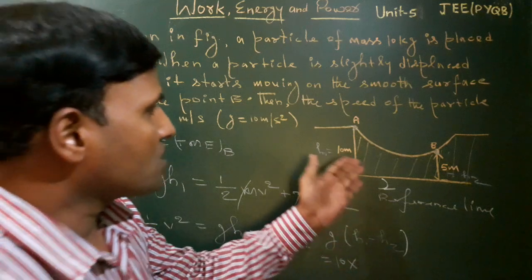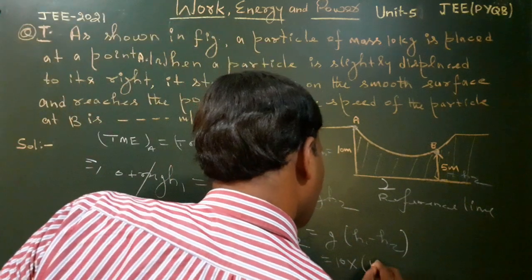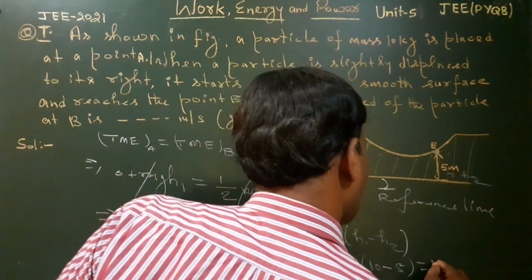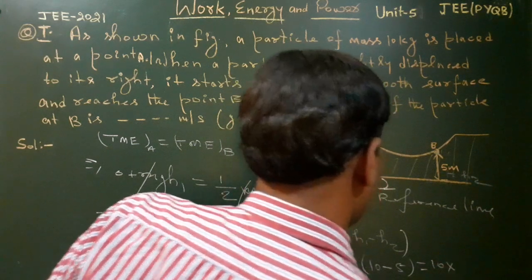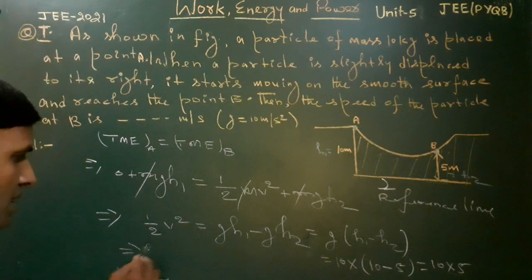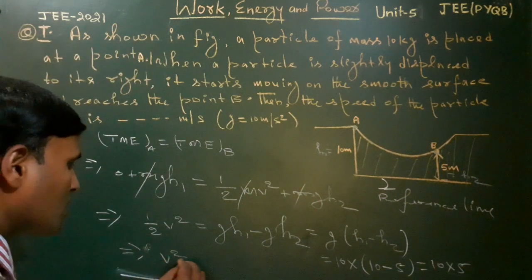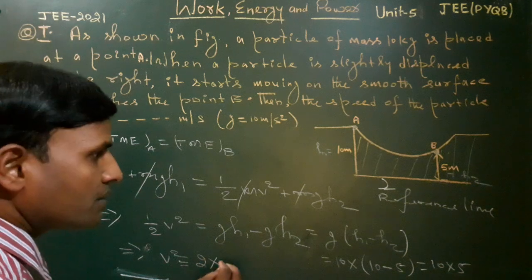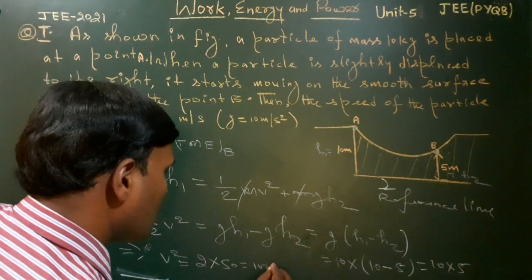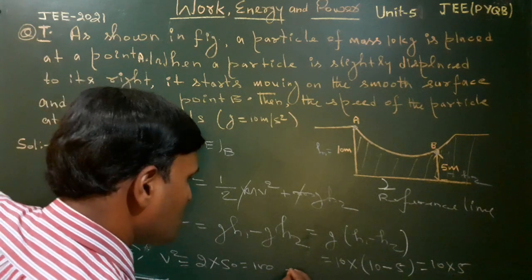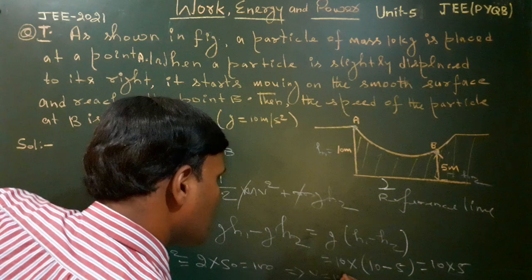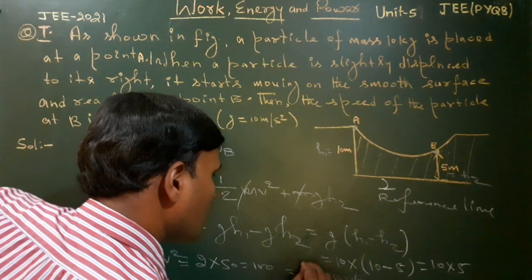Given h1 is 10, minus 5, that is 10 into 5. So we can write here v square is equal to 2 into 50, that is 100, and this gives v equals 10 meter per second.